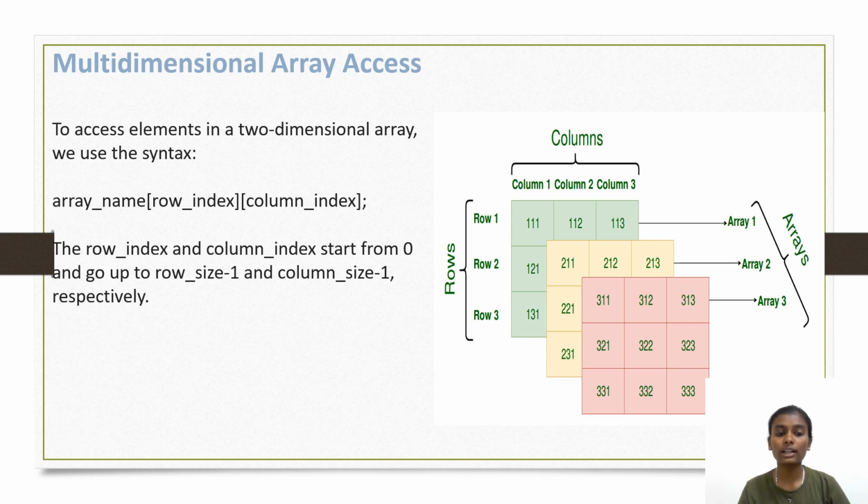The row index and column index start from 0 and go up to row size minus 1 and column size minus 1 respectively. This is the multi-dimensional array access table. This is column, this is row. Multi means three-dimensional: row 1, row 2, row 3; array 1, array 2, array 3.